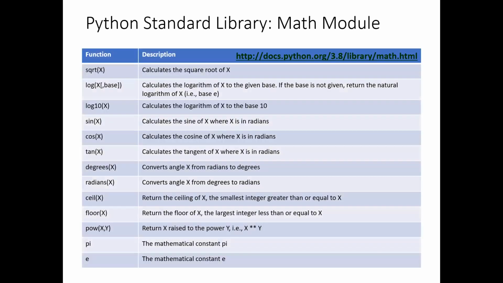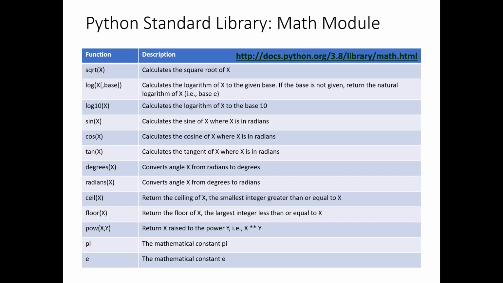Right now, in Python we have a standard library, which means it's already there when you install Python. So these are some of the selected functions available in Python. So the Python math library. Now, for example, if you want to get the square root, from the math library there's a function called sqrt, and you can provide the value. Similarly, if you want to get logarithms, you have log and log10.